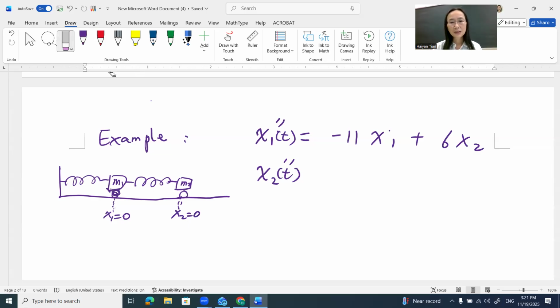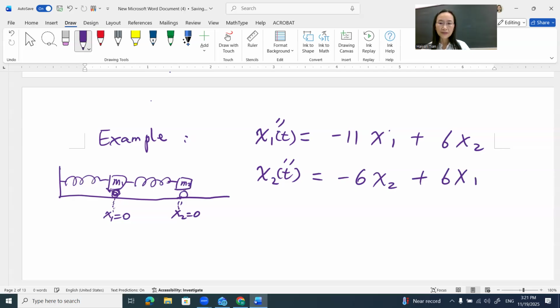When you have such a problem, you want to study the motion, that means the displacement function, you will get a system. That's just to show you a possible system that we get from a physical phenomenon.